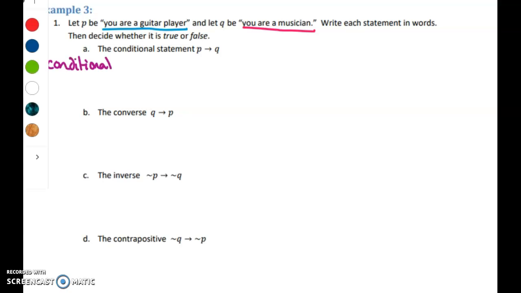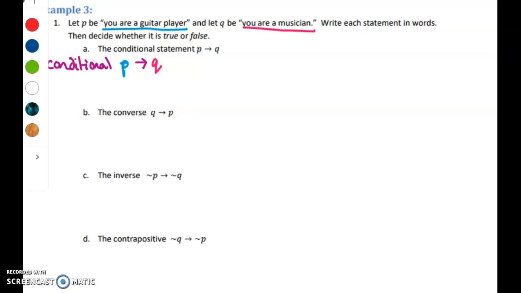I wrote conditional, and knowing that it's P arrow Q, which we say out loud as, if P then Q, I found it very helpful to know that in my notes. So I color-coded it like that.